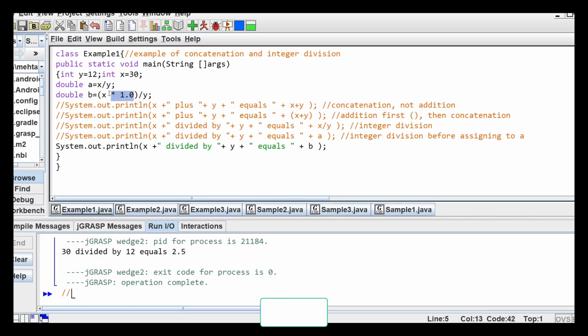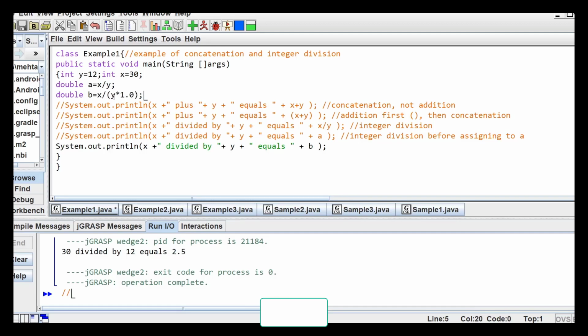I would have the same result if I had multiplied Y by 1.0. Because of the parentheses, this calculation is done first.